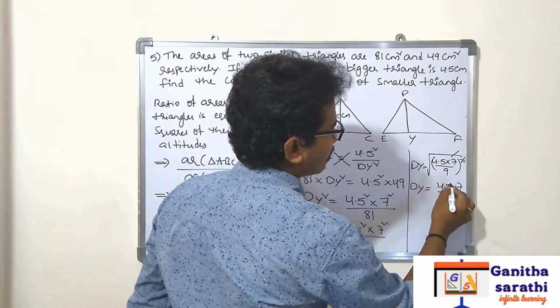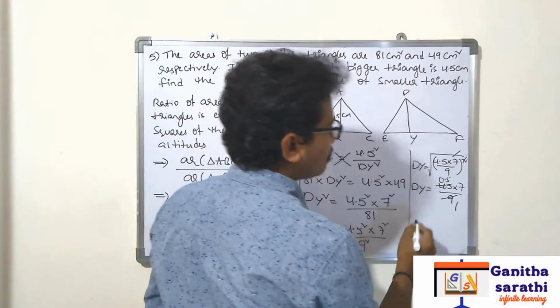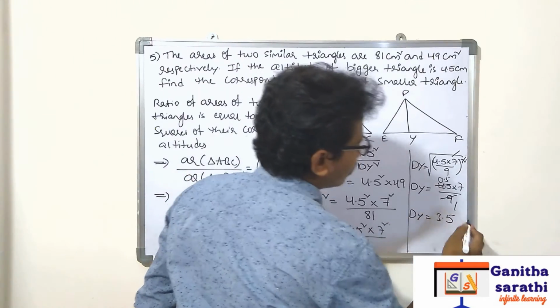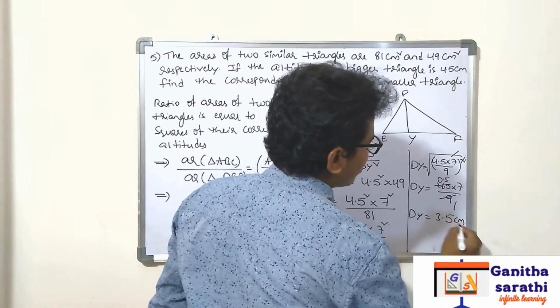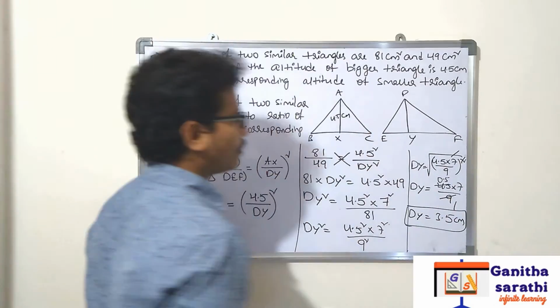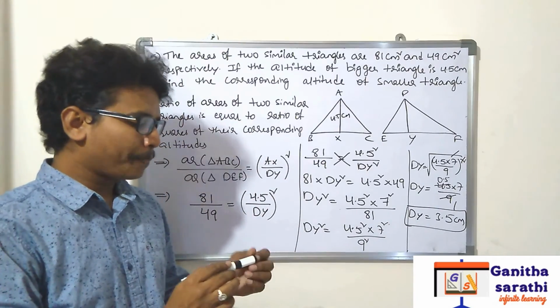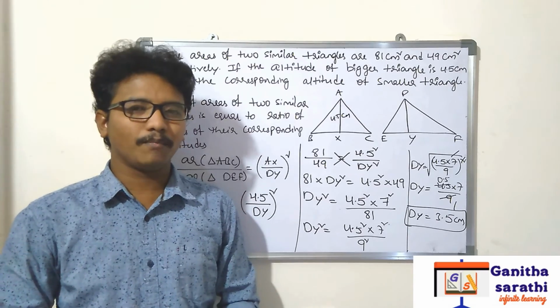Cancel this. 9 ones are 9, 0.5s are 4.5. 7 into 0.5, DY is equal to 3.5. 7 5s are 35. 7 0.5s are 3.5 centimeters. So what is the altitude of a smaller triangle? 3.5 centimeters.